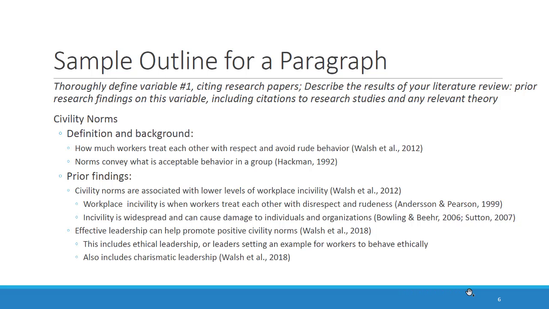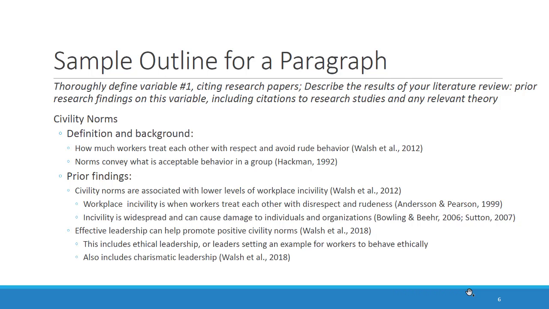Now, civility is how workers treat each other with respect and are not rude to each other. But the other key part of that definition is norms, right? And so I then explained in the second bullet what norms are. So I said norms convey what is acceptable behavior in a group, and I cite Hackman 1992 for that.